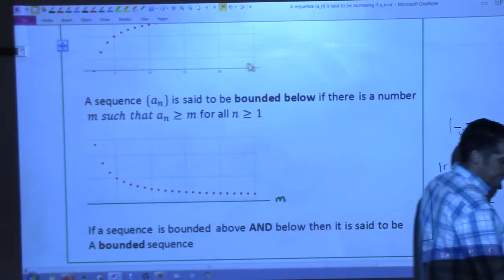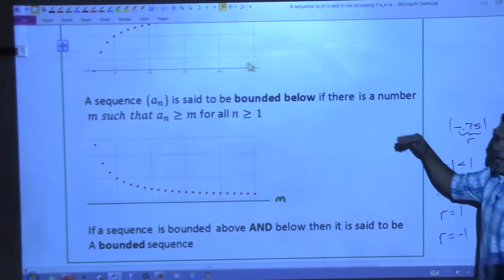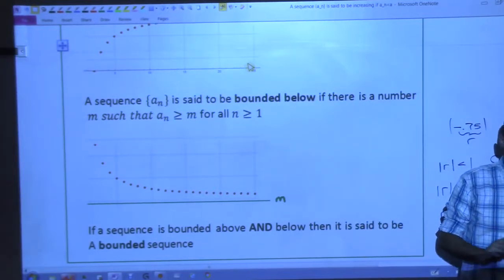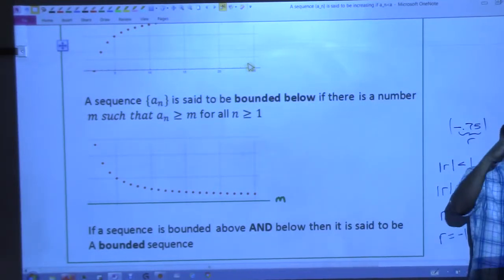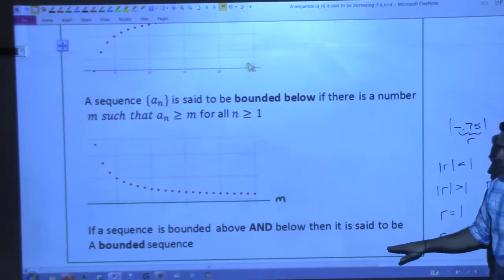Now, you know how we said if you're increasing or decreasing, we call it monotonic? If you are bounded above and bounded below, and, not or, then we will say that you are a bounded sequence.